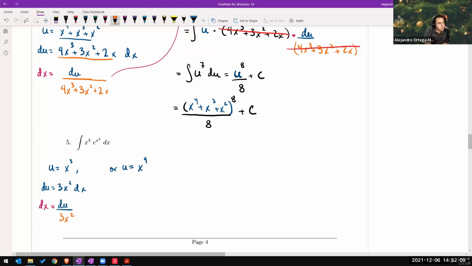Now, if I tried with this one, then let's see, substituting things here, I would have an x cubed, so that was our u, times e to the x to the fourth times du over 3x squared.